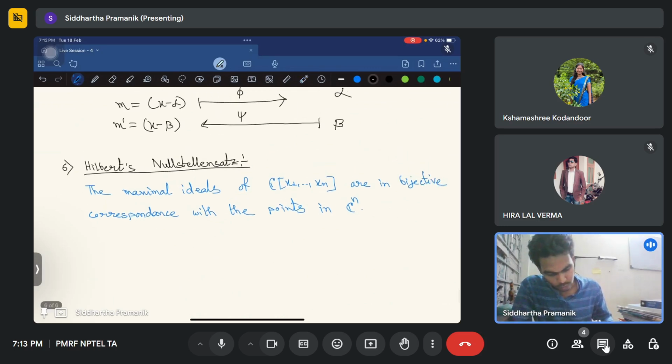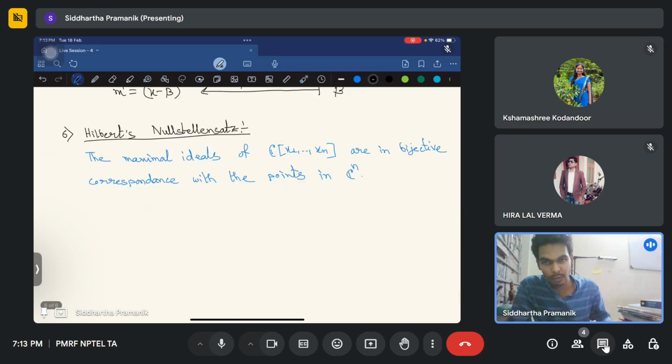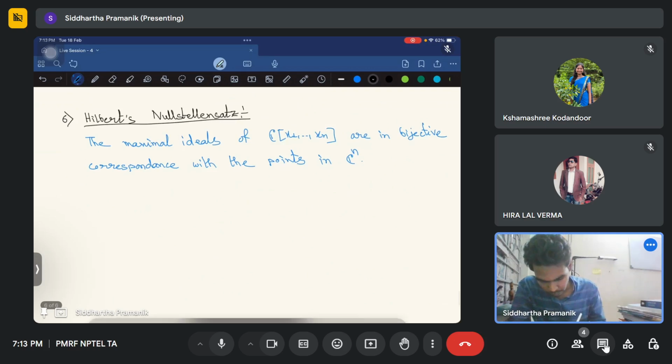So we have seen the maximal ideals of the polynomial ring C[x1, ..., xn]. Now let's see the maximal ideals of R[x]. Let me write down the question itself.